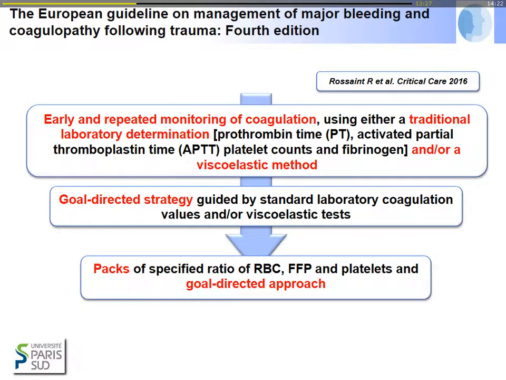In this way, we can really have a goal-directed strategy concerning our blood transfusion. It is also important to establish a protocol in your unit and to define packs with a specific ratio of red blood cells, FFP, and platelets.